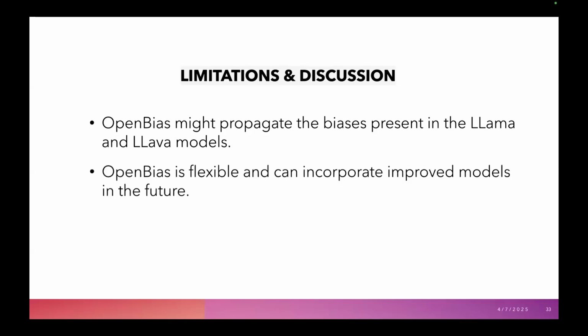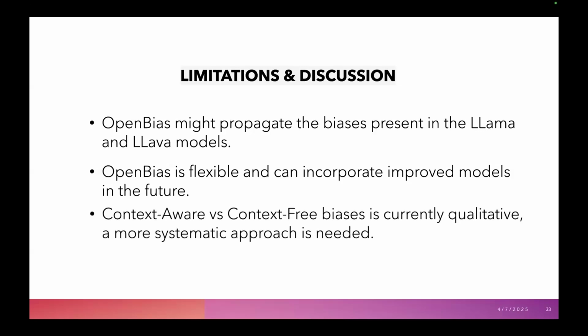But it's okay because OpenBias is modular, meaning that the pipeline can be updated or modified. If better models become available in the future, models with fewer biases or improved accuracy, they can be incorporated into OpenBias without any major changes to the system.